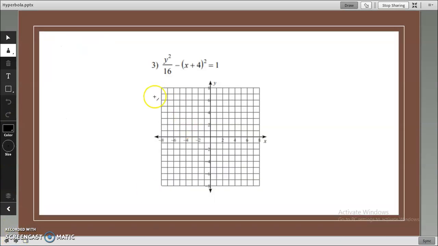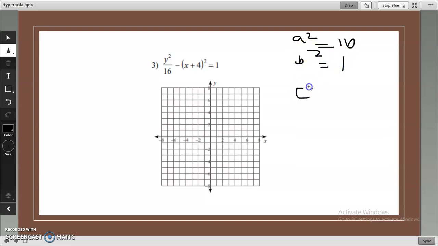Let's do another one. So this time we have vertical, right? Why do we know it's vertical? Because my y value is first. Okay. So we have a squared equals 16, b squared equals 1.